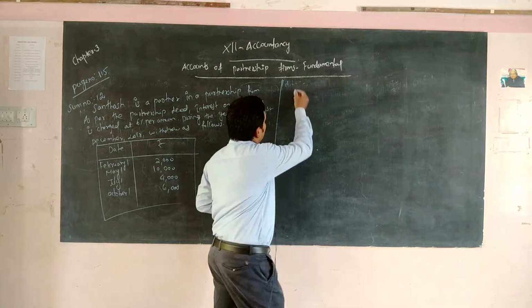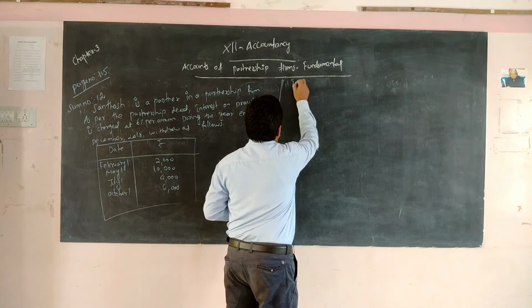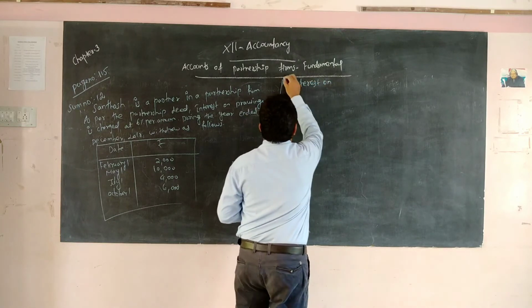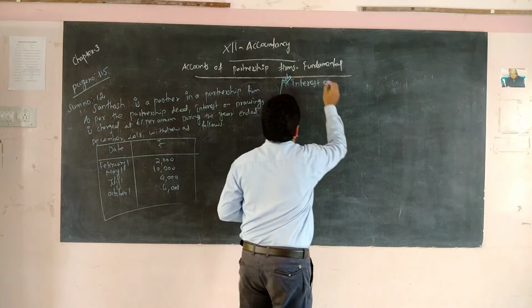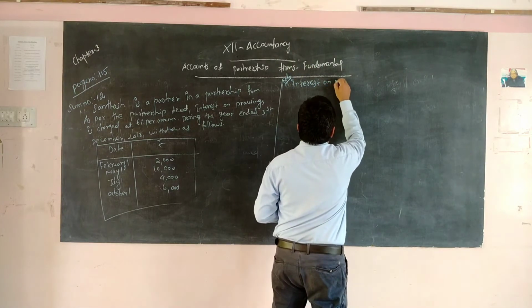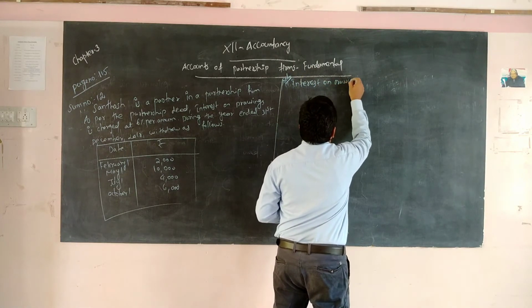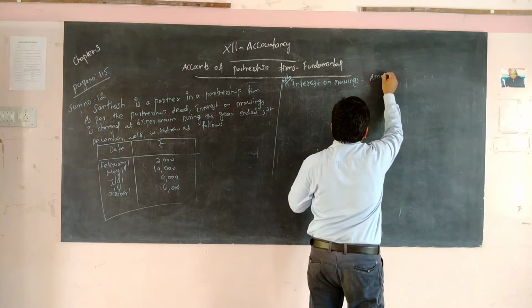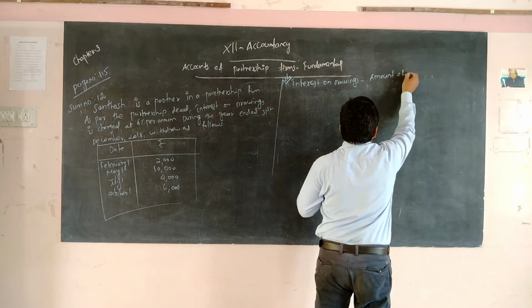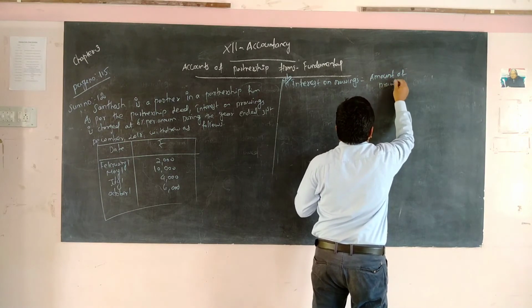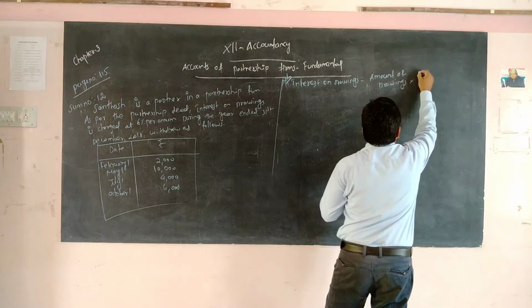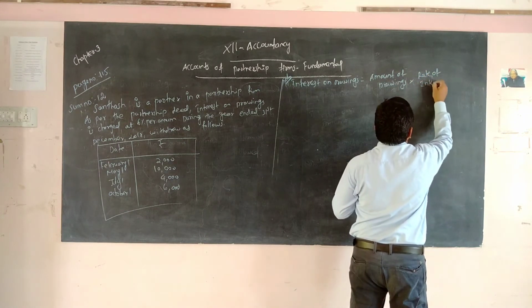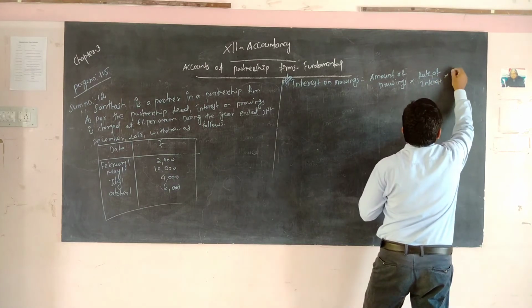Solution: interest on drawing equals amount of drawing into rate of interest into period of interest.